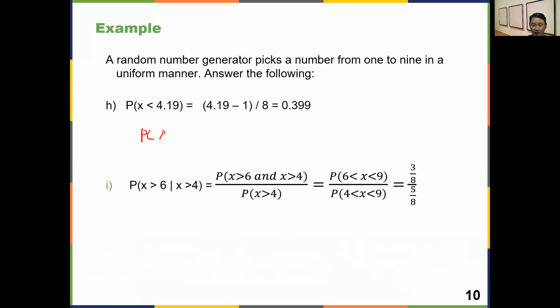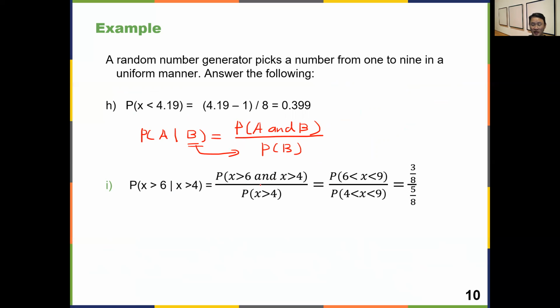Probability of A given B. Do you remember the formula for this? This is going to be probability of A and B. What goes under? The given part goes under, probability of B. So that's how we interpret this conditional probability.